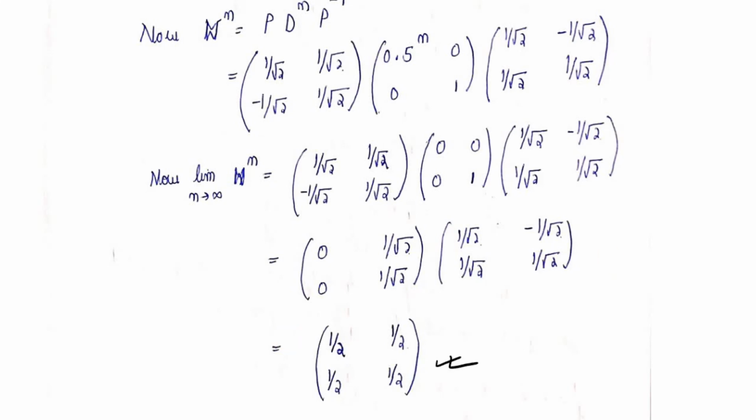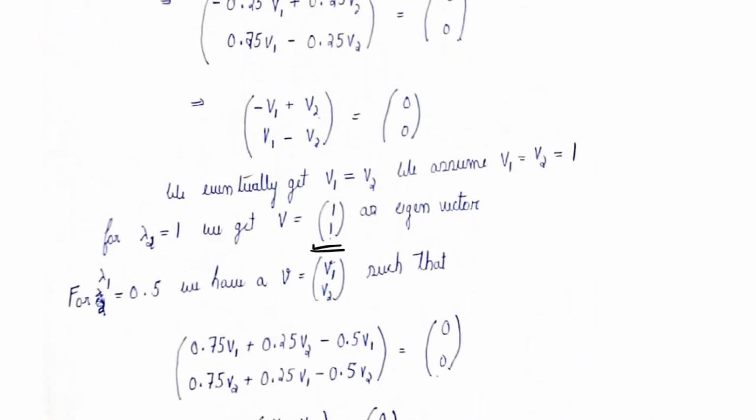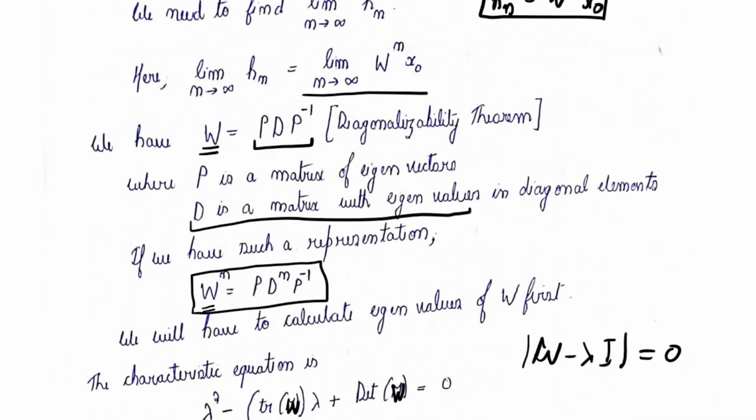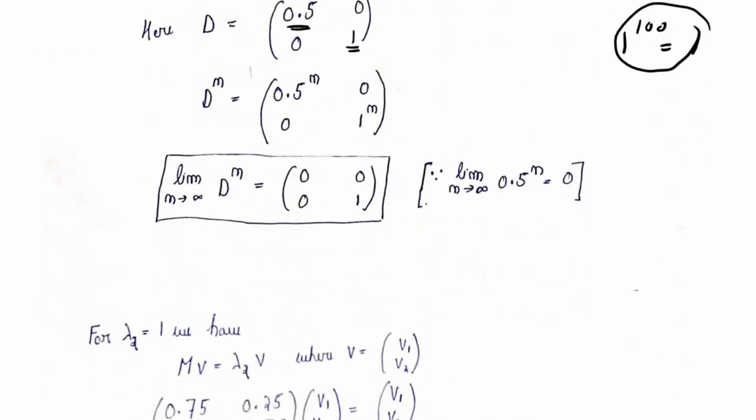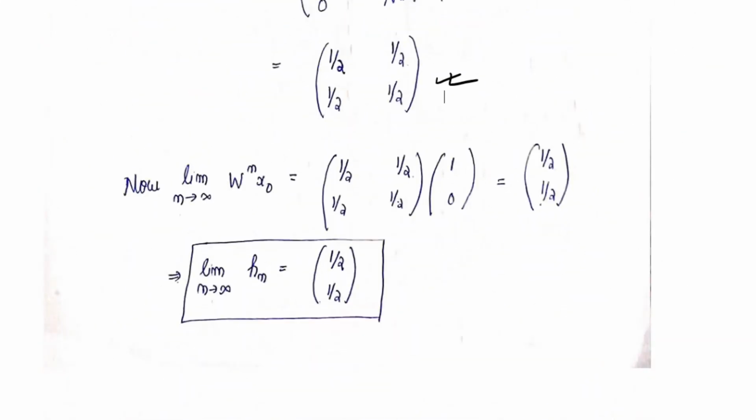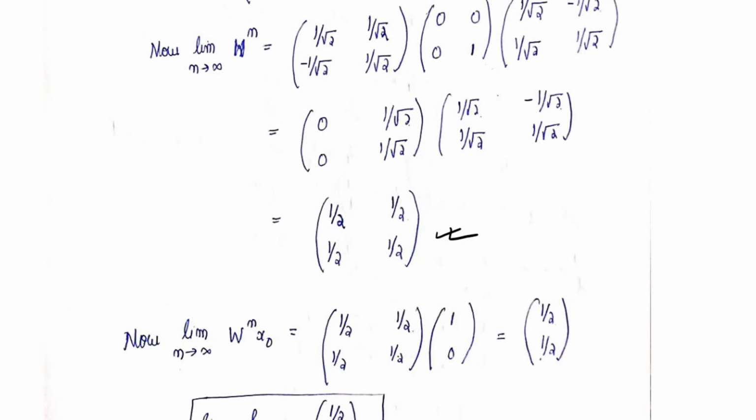Now let's review the initial task which we had to do. We needed to find the limit as n tends to infinity of W raised to n times x naught, because we need to find the limiting distribution of Hn. So Hn is equal to W raised to n x naught.